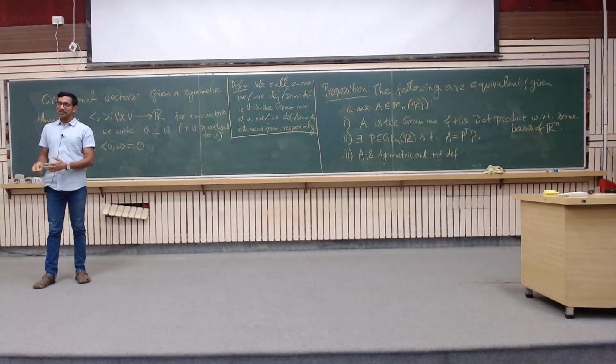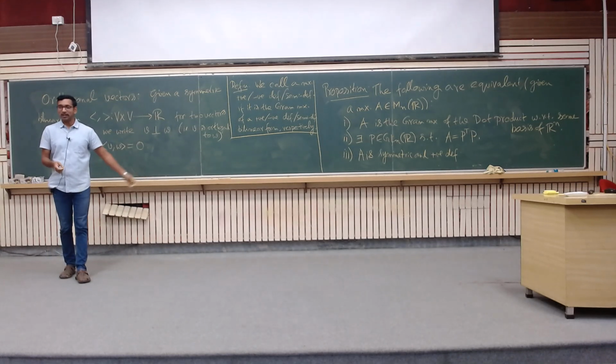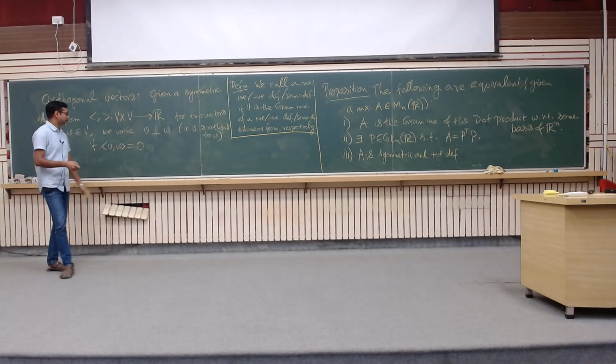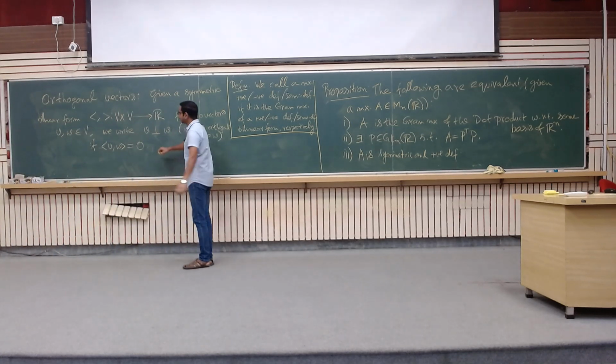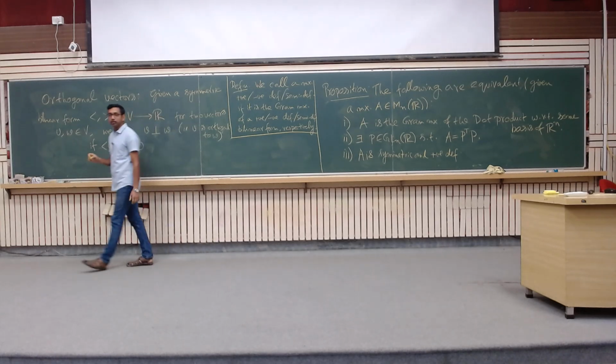If you want to study other kinds of forms which are not symmetric, you are free to do that, but the theory that we are building up will be mainly about symmetric forms. So we are just specializing there. This is the definition of vectors V and W which are orthogonal to each other.